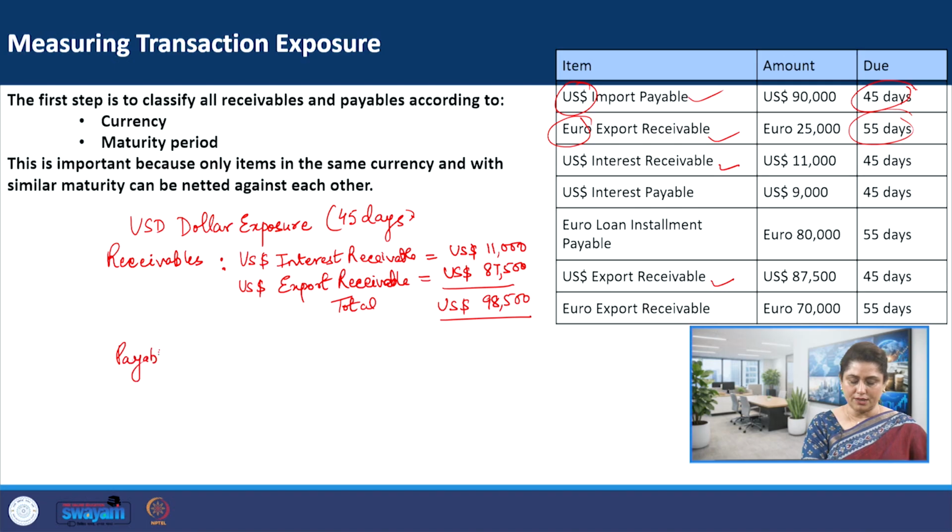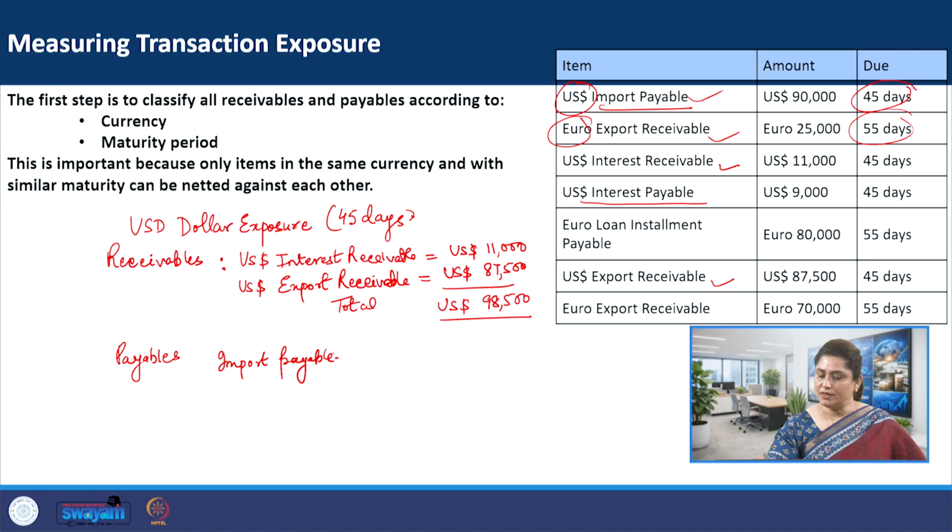Now let us talk about the payables. Now we will have to understand where we have the payables. We are paying interest in USD. We are also paying for imports. So we have an import payable as well as the interest payable. In all the cases, whether it is import payable, interest receivable, or interest payable, it is 45 days, so we have to check the number of days here, and it should be the same.